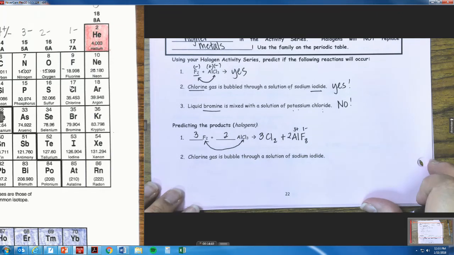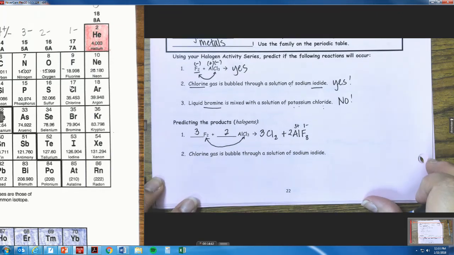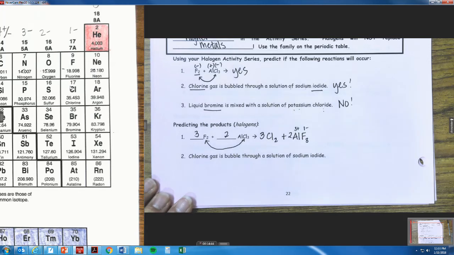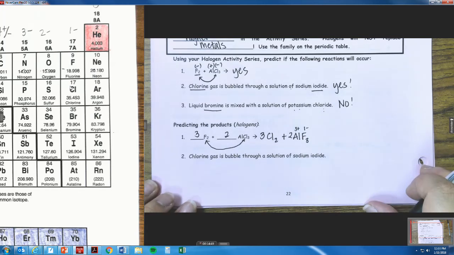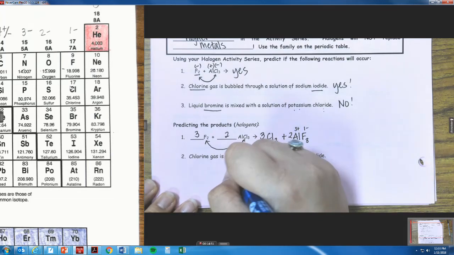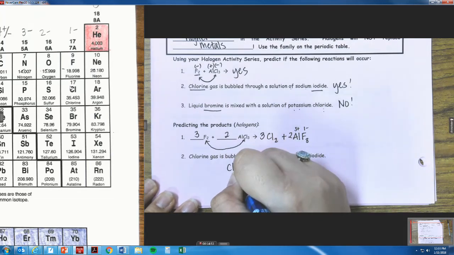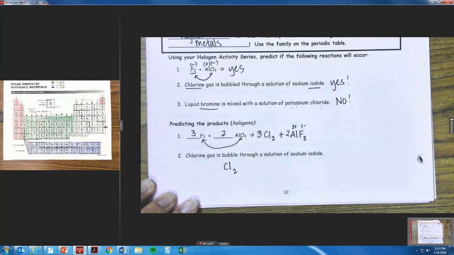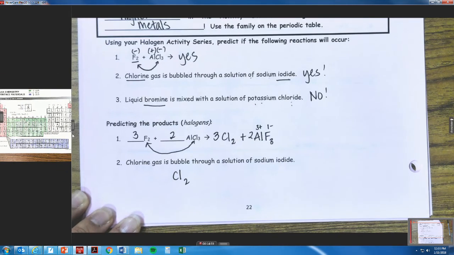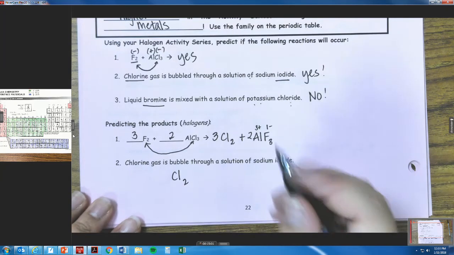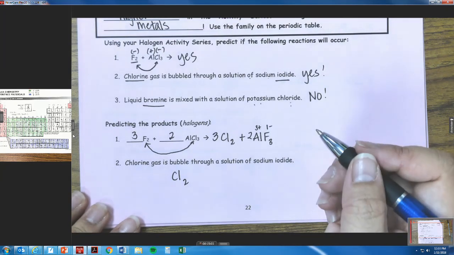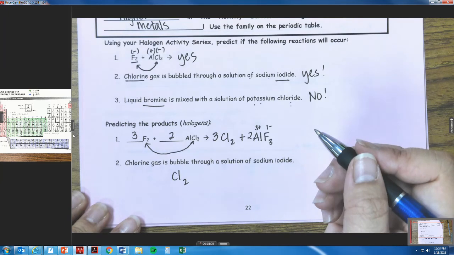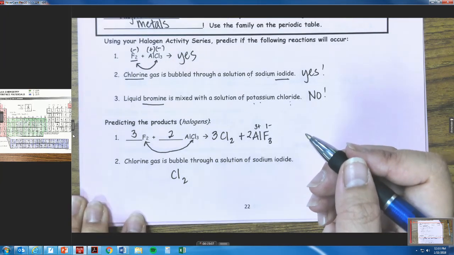Okay, and then the last one, chlorine gas is bubbled through a solution of sodium iodide. So chlorine gas, well that says that's a diatomic. Chlorine is a diatomic. Okay, so chlorine is bubbled through a solution of sodium iodide.